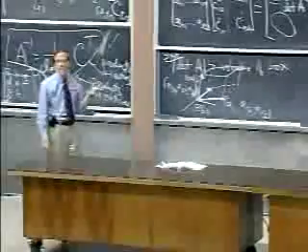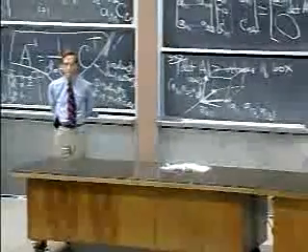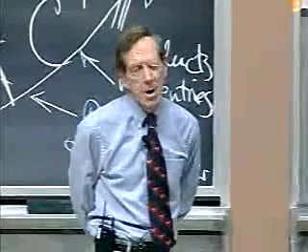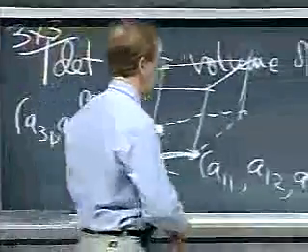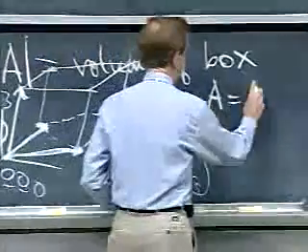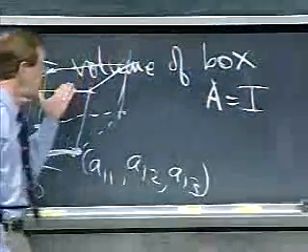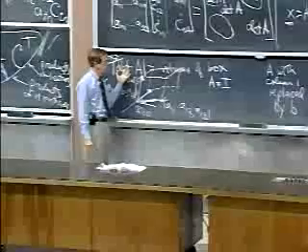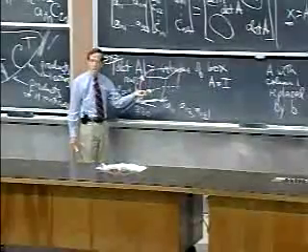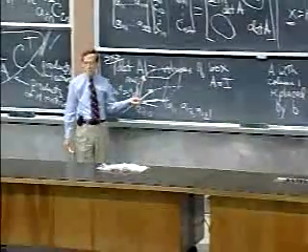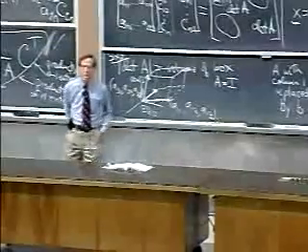And so one special case is what? A equal identity matrix. Let's take that special case. Is the formula, determinant of identity matrix, equal to the volume of the box? Well, what is the box?